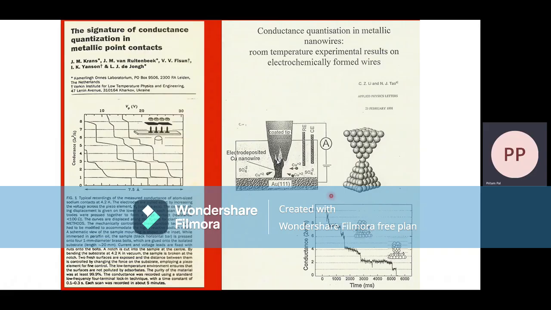Essentially, one quantized conductance channel in a metal is one atom, and its scale is that of one atom. So a couple of papers shown here show indeed the conductance quantization in units of e squared over h.